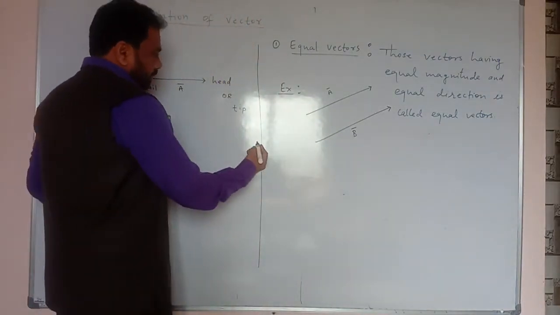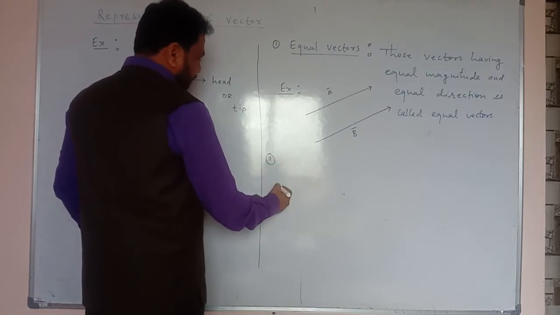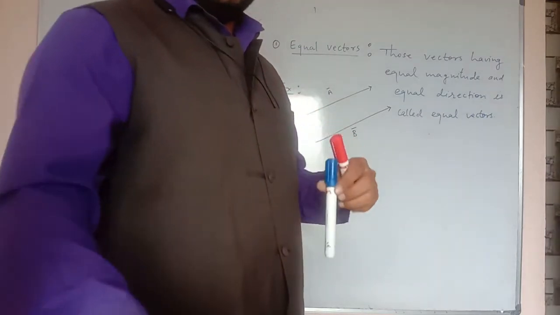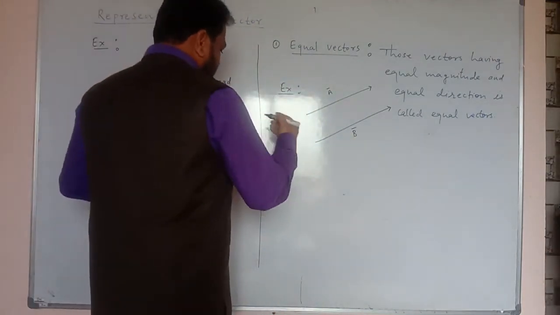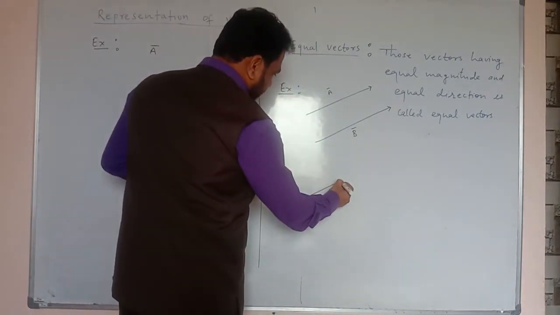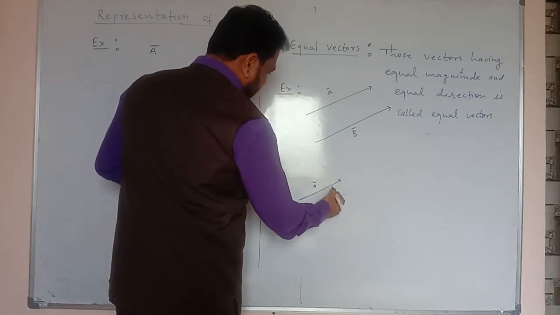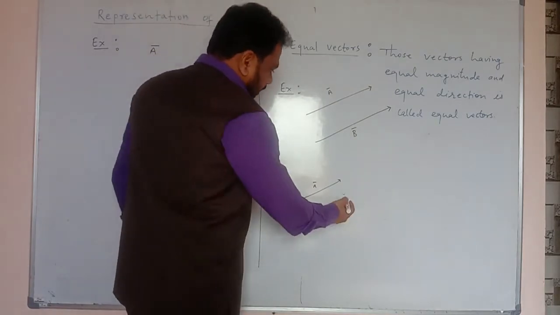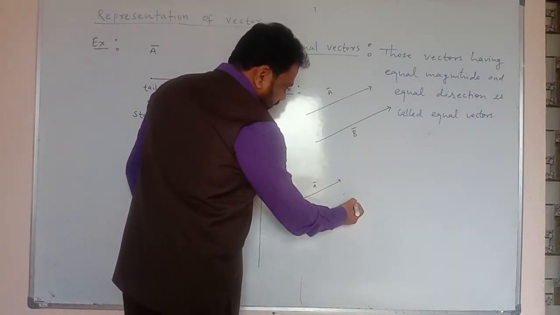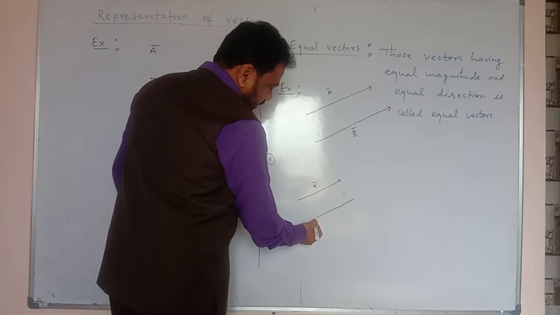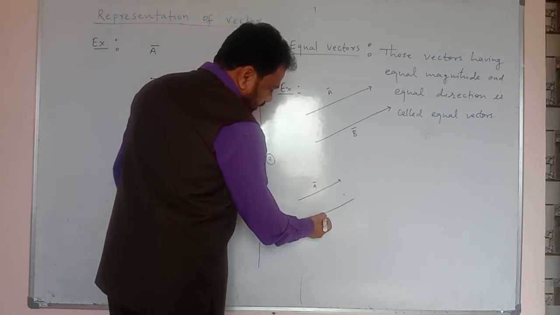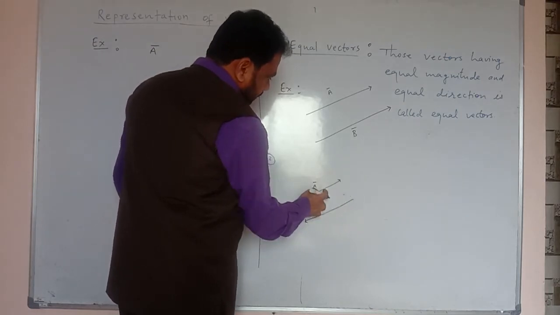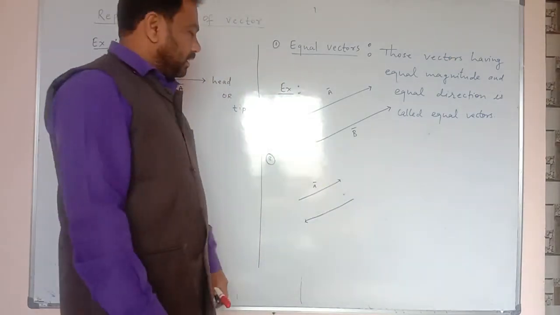Now the second vector. Suppose we draw a vector, consider vector A. So vector A is here, and another vector you have to draw here. While drawing that other vector, its length is equal to the length of the first vector.